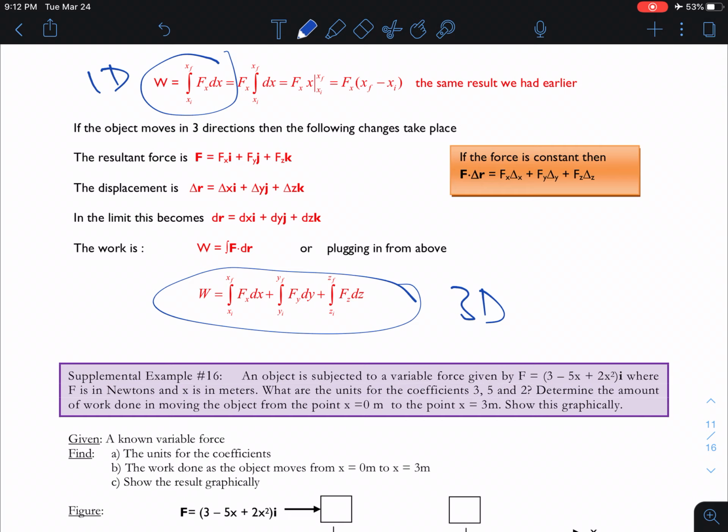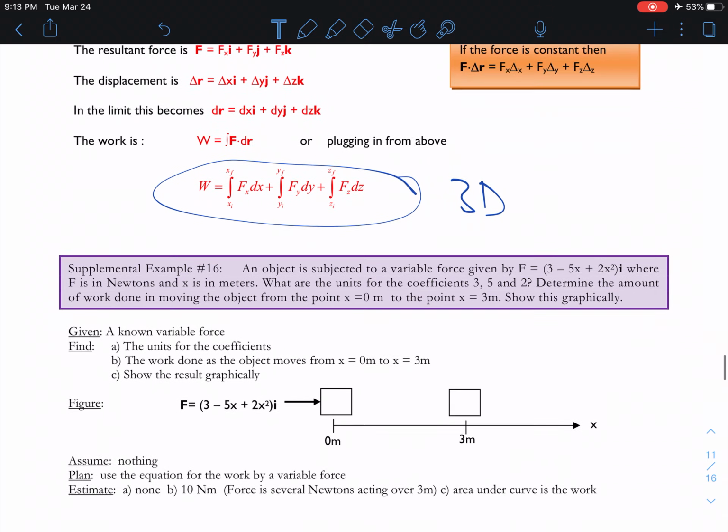We don't usually have 3-dimensional cases, but it's better to realize what the general case is. If you have a 1-dimensional case, you just use the first term, whether it's x, y, or z. I already posted a video of an example problem using that.